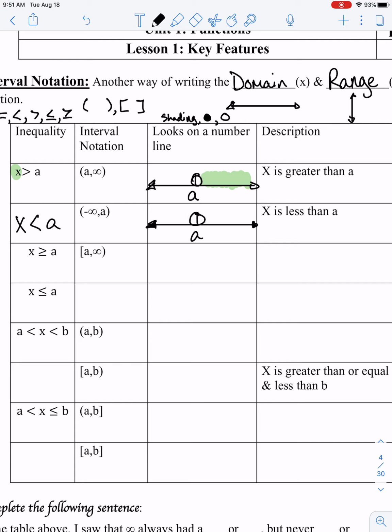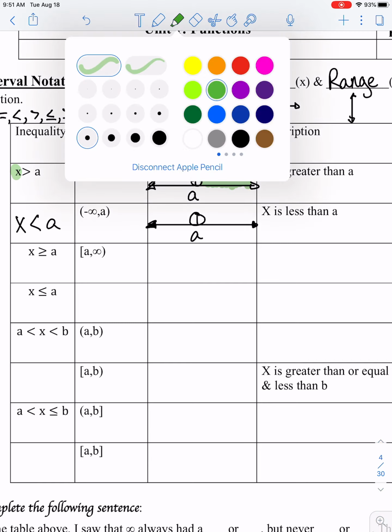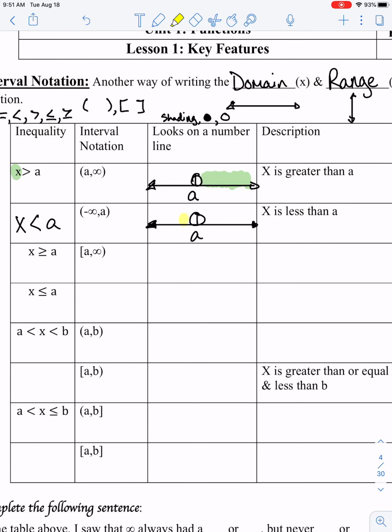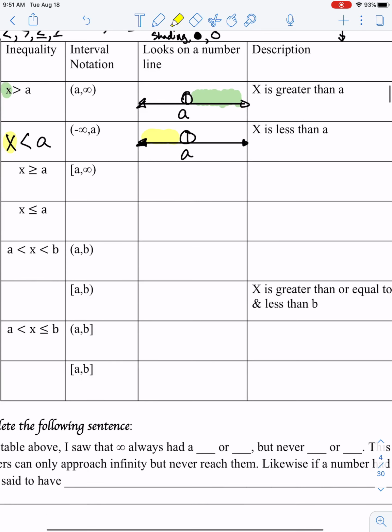A is what I'm comparing to x, and it is less than. Well, the greater than shades to the right. That's going to force less than to go to the left. So x will be any value that's shaded to the left. Now, if you looked up here, I left these dots open. That's going to be very important. So anytime you have an open dot, it cannot be equal to.